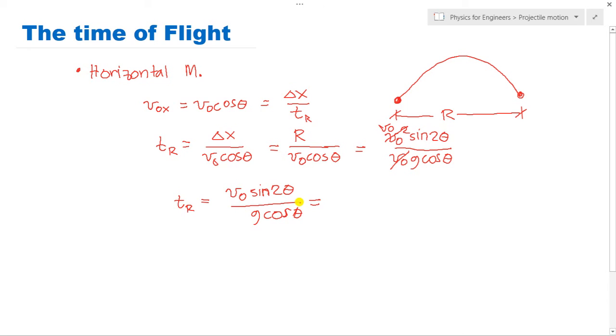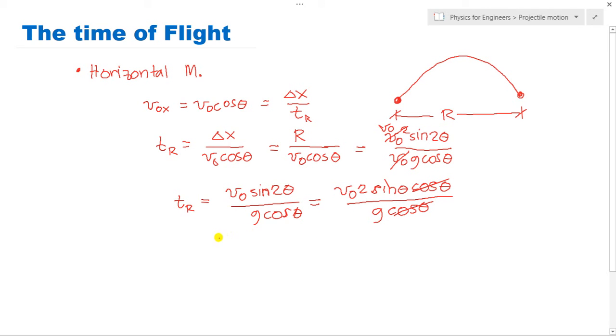So remember from the previous section that sine 2 theta is just equal to 2 sine theta cosine theta, all over ito, the denominator, g cosine of theta. So as you can see, cosine theta will be cancelled out.